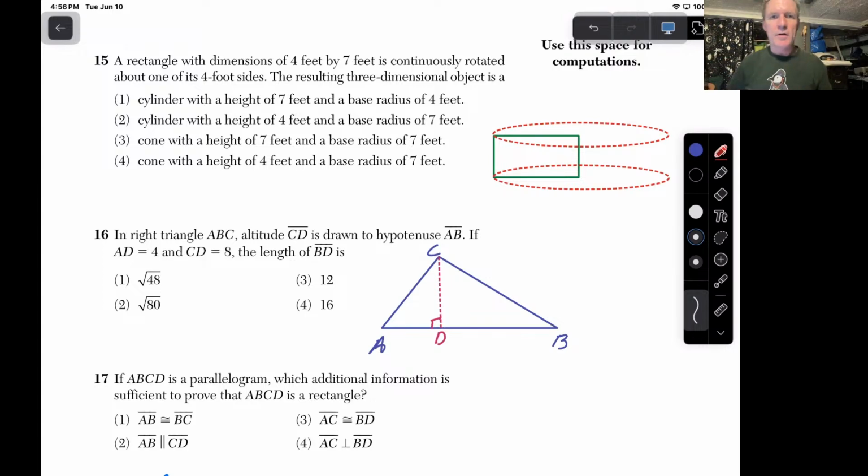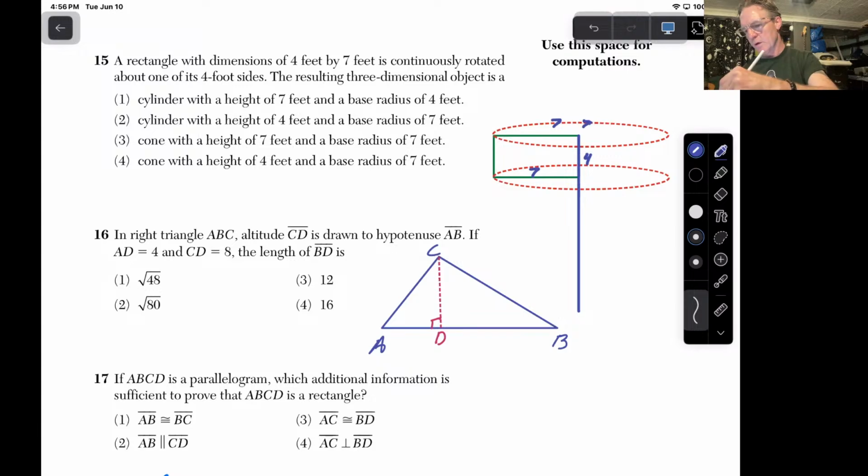If it's 4 feet by 7 feet, this would be 4 and this would be 7, and you're spinning it about this 4-foot side. Think of it like a flag spinning about the flagpole.